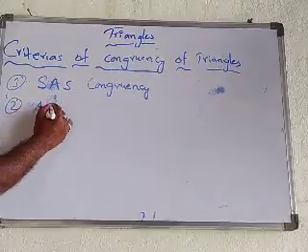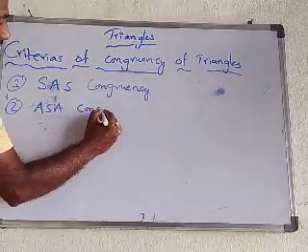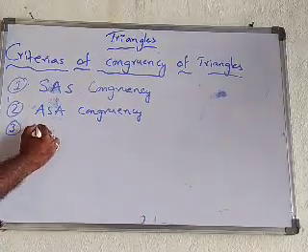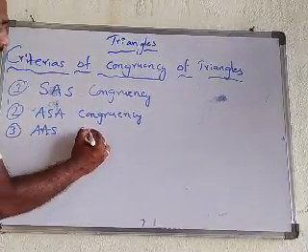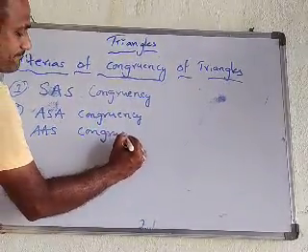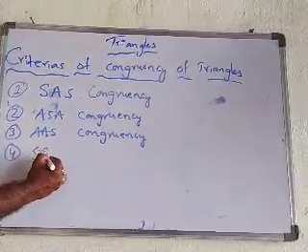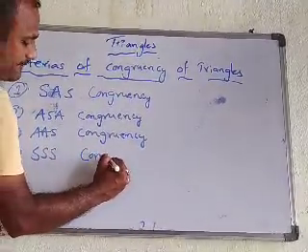Second one is angle side angle congruency criteria. Third one is angle angle side congruency criteria. Fourth one is side side side congruency criteria.